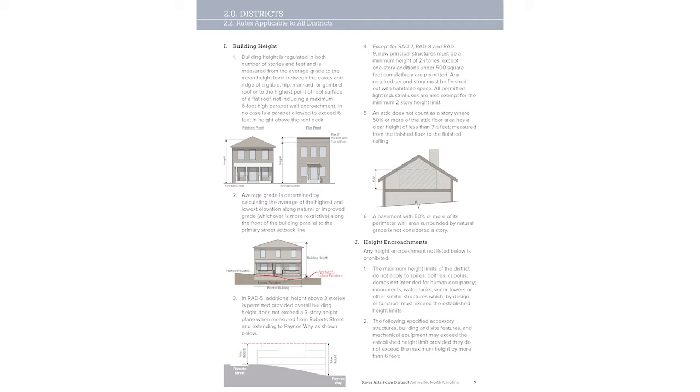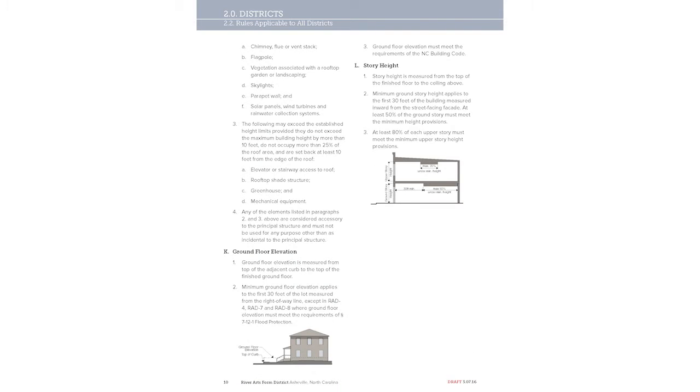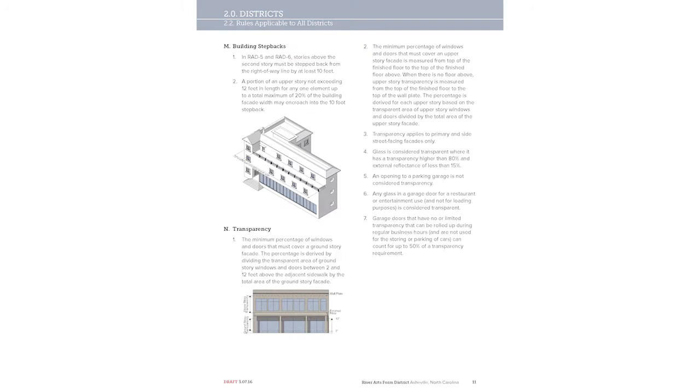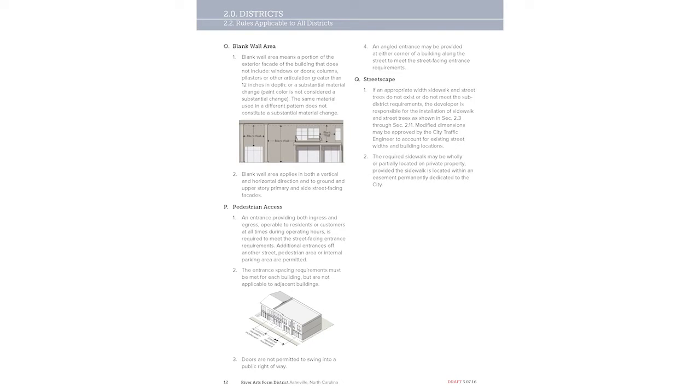In addition, then we talk about measurement of height and how that gets treated, use of attic spaces there, ground floor elevation of the building, story heights, how the step backs work, how the transparency requirements, which are all about the glass in windows and doors and having enough glass to see in and out of buildings, how those transparencies are measured.